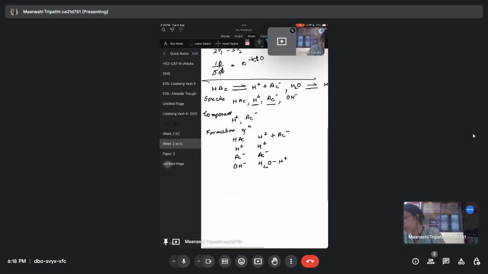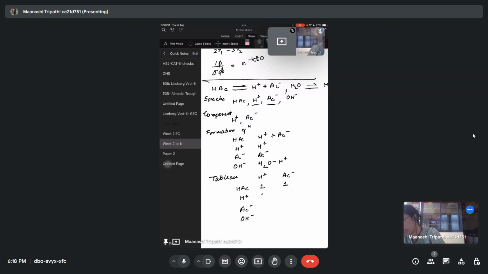The next step is the W. In the column, we will write all the species, and in the row, we will write our components. For preparing HAc, it's 1, 1.